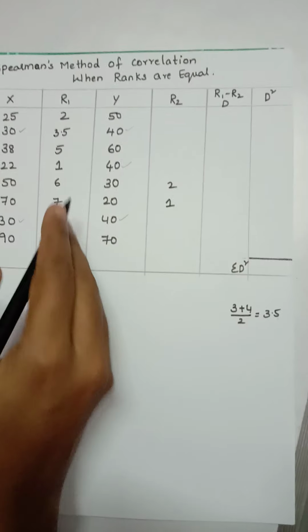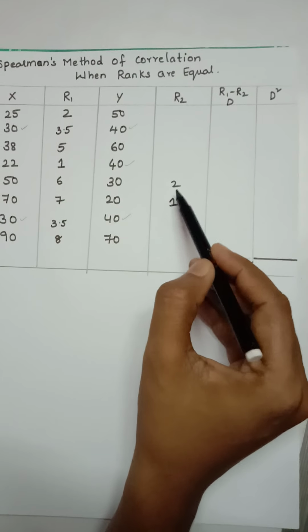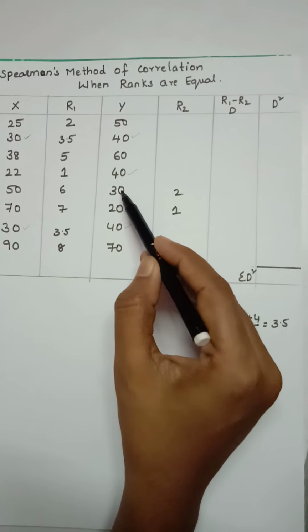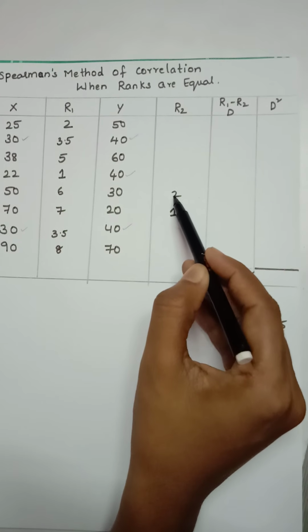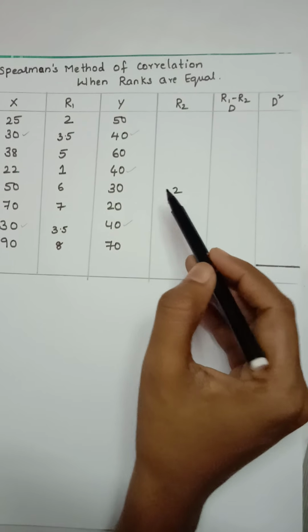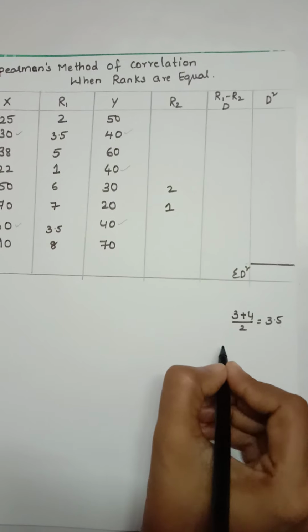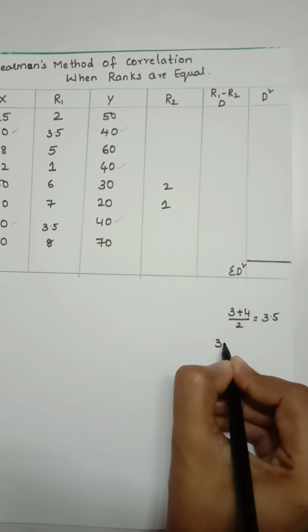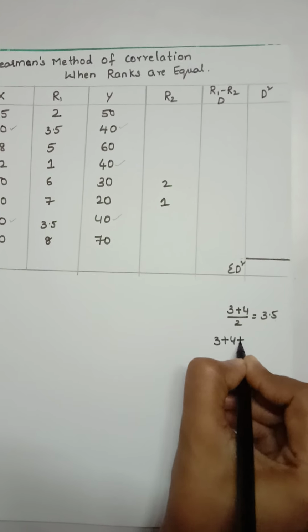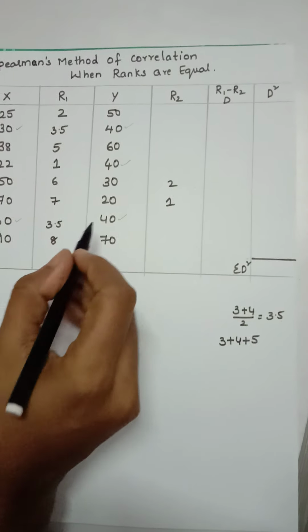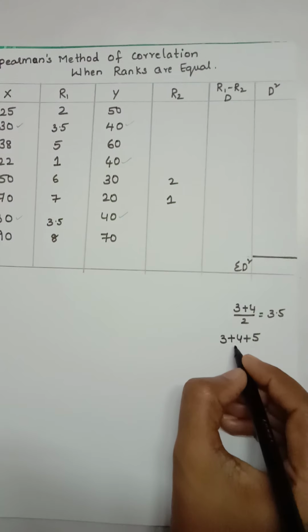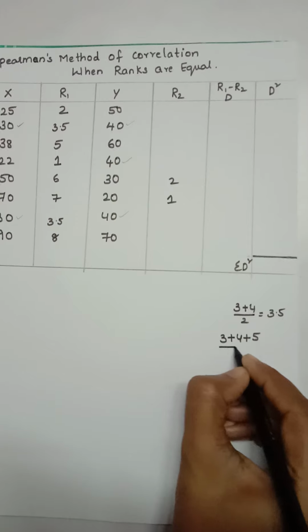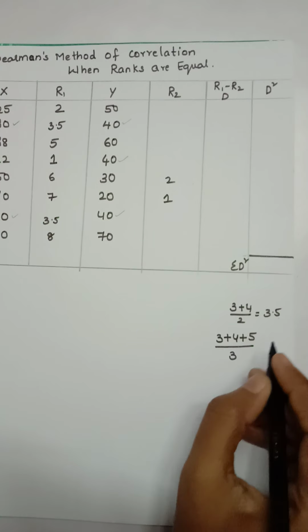So here what is the rank left out? 1 we have allotted to 20, 2 we have allotted to 30, and left out the next ones are 3, 4 and 5, the ranks for the three 40s. We need to allot them, but we have to take out the average of these 3.